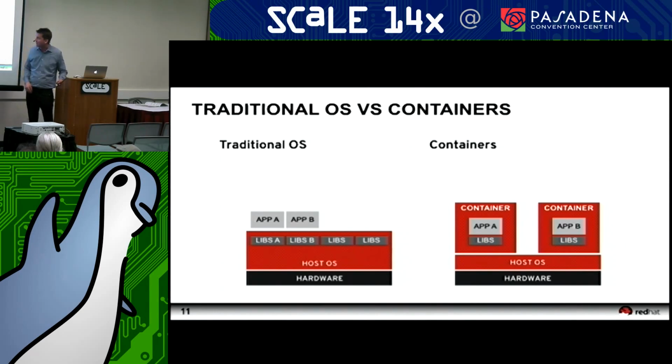Now, take a look at the container side. When you build the container, the application pulls in its dependencies into that container package. So you can have different versions of libraries, all dedicated to a particular container, and have those run side by side. But a big difference here is that these containers share the exact same kernel. Right? The container doesn't have its own dedicated kernel. So very different than a virtual machine.